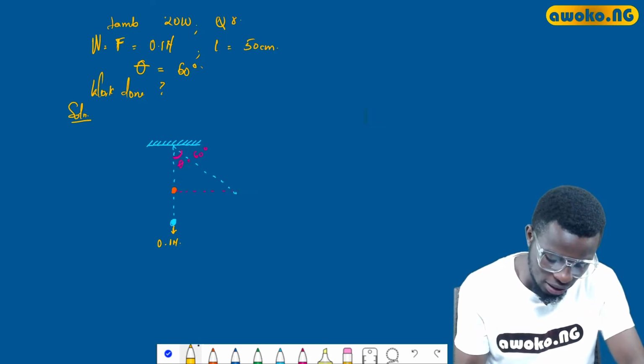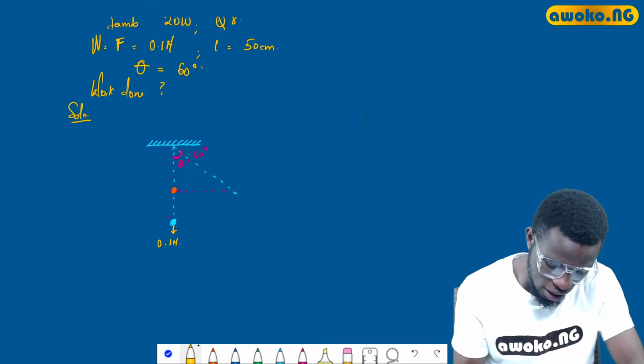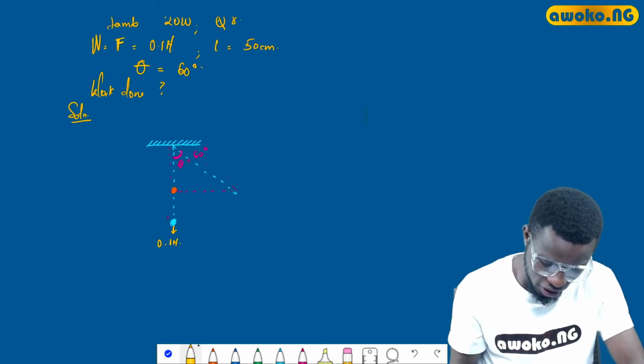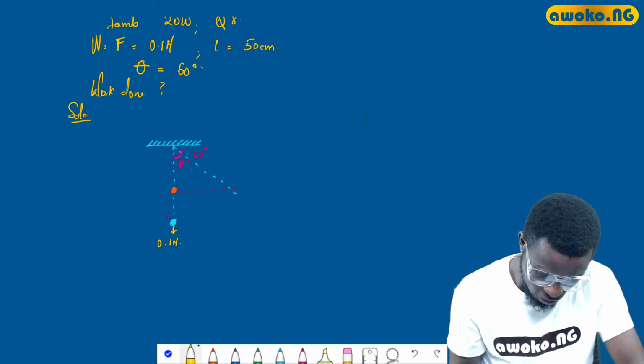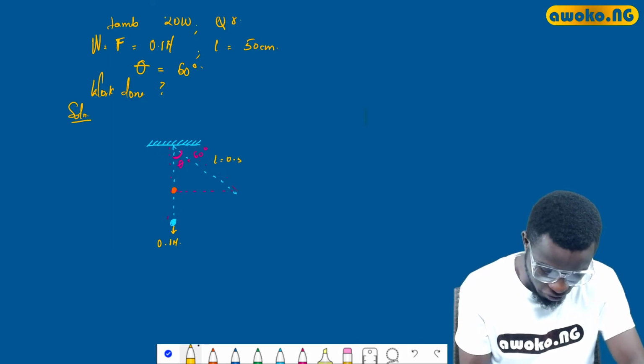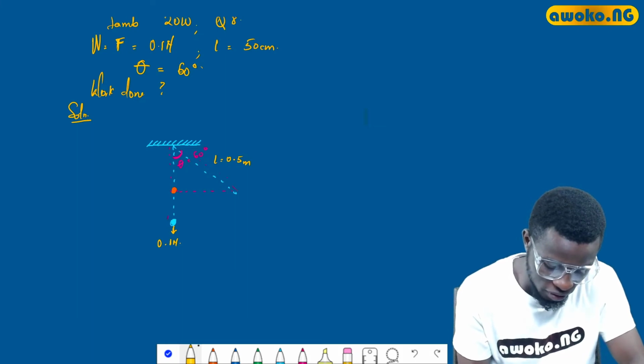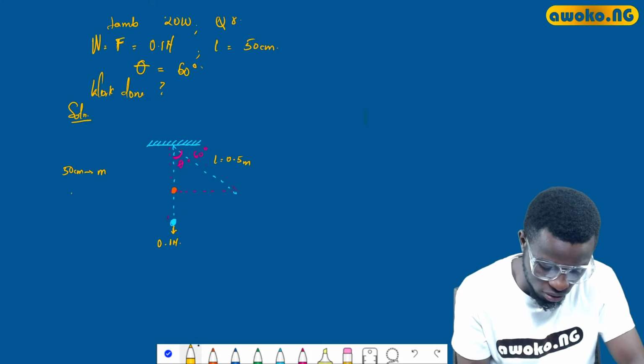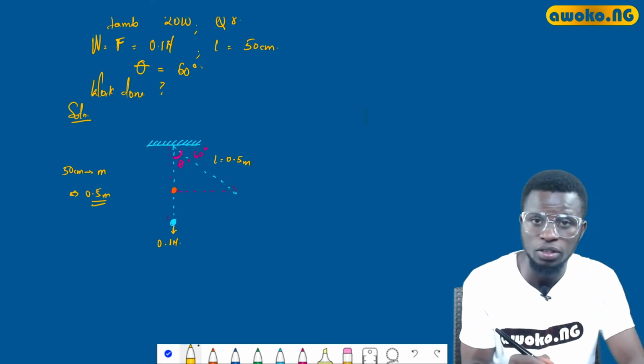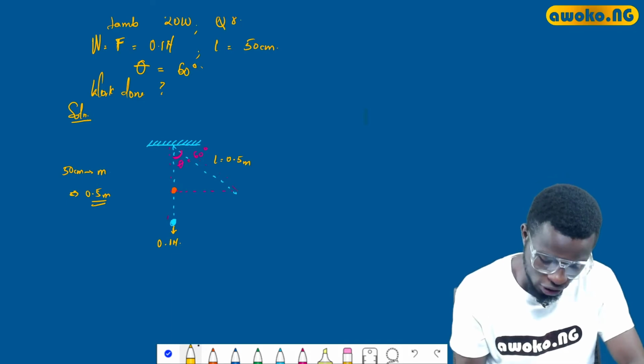So realize that this length is L, which is equal to this length over here. So we have L equal to 0.5 meters. Of course, 50 centimeters converted to meters gives us 0.5 meters, that is 50 over 100.